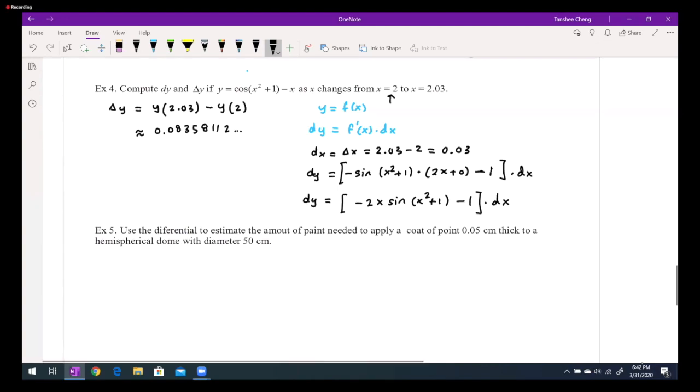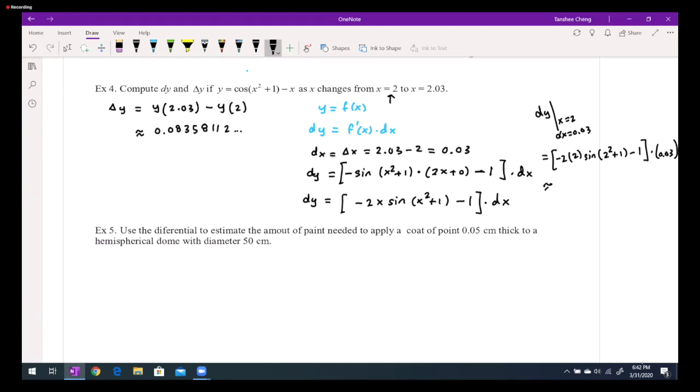So when we are evaluating, dy is evaluated at x equal to 2, and dx is equal to 0.03. So when I put it into the formula, that becomes negative 2 times 2, and then sine of 2 squared plus 1 minus 1, times 0.03.